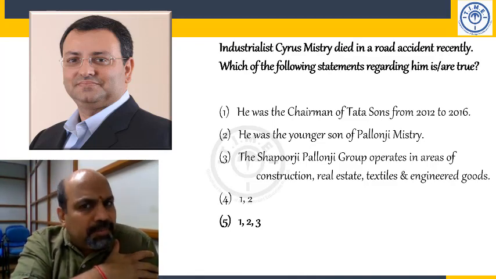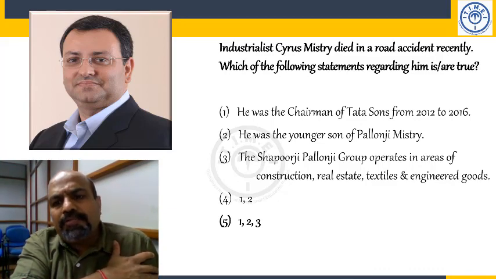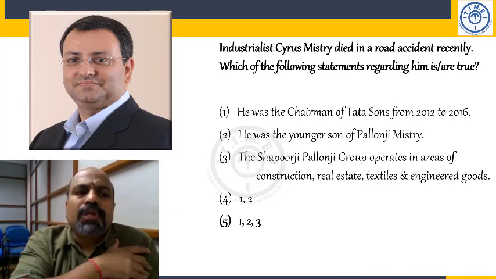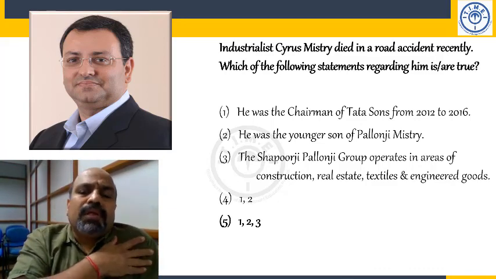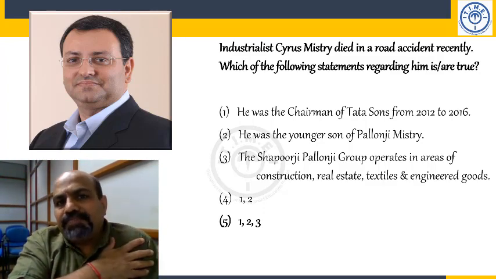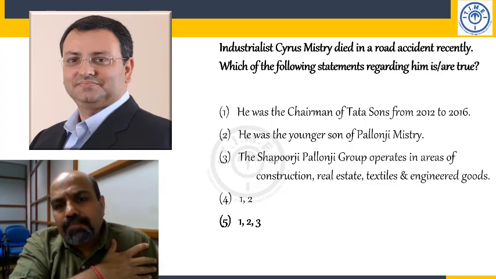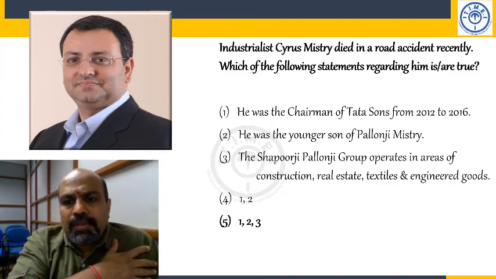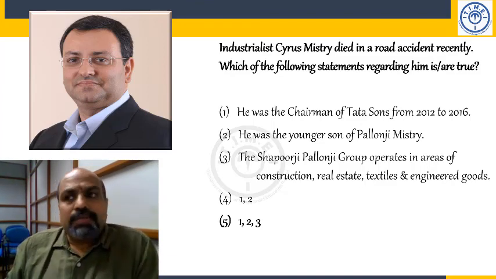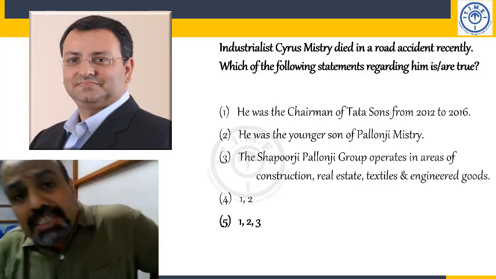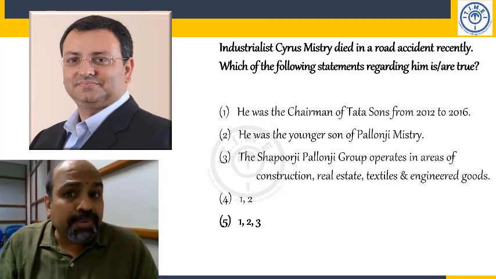For the Mistry family, it's been a double tragedy because a couple of months before Cyrus passed away, Pallonji Mistry passed away. So this is how things are today. The Shapur Pallonji Group is a mega real estate and construction company.